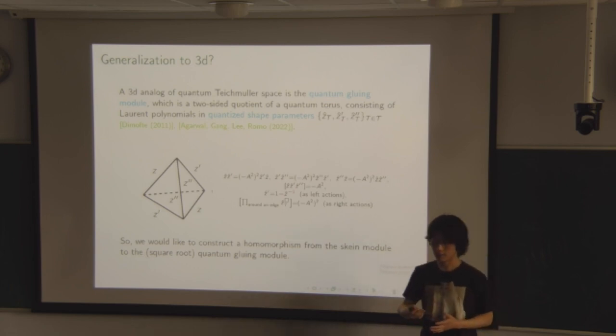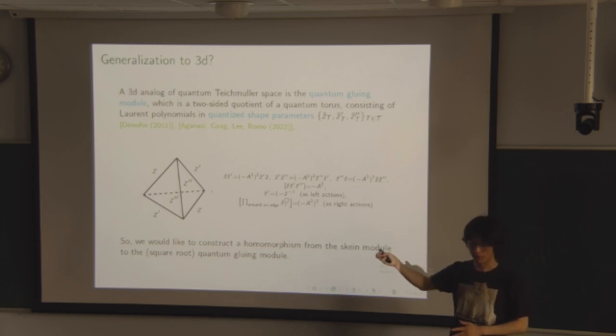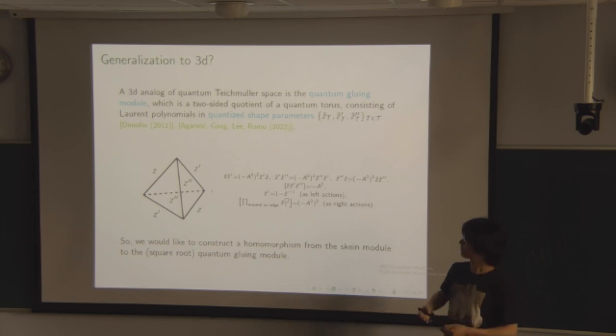Just like in the case of Teichmüller space, there are these coordinates called shear coordinates associated to each edge. In the case of three-dimensional hyperbolic geometry, there are these coordinates, called shape parameters, associated to each dihedral angle of the ideal tetrahedron.